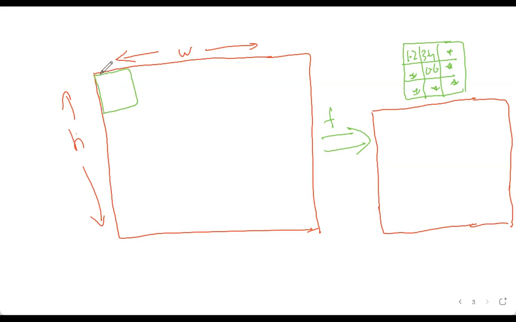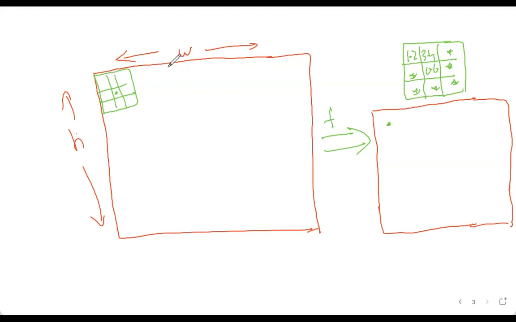There are image pixels. There are filter coefficients. You take a dot product of the filter coefficients with the corresponding image pixels, and you get a corresponding output pixel. When you keep it here, you produce the pixel here. Then you move this filter to the right by stride 1, and repeat this process.